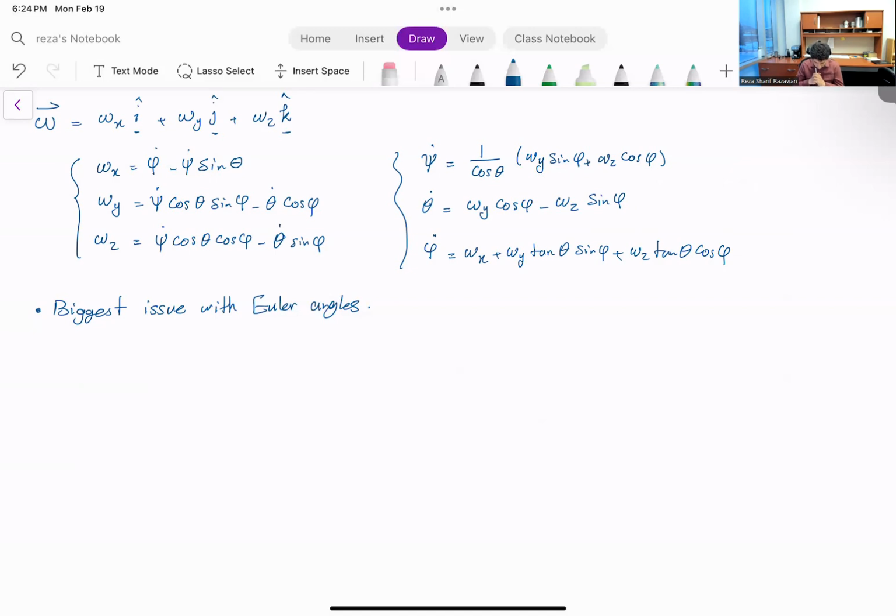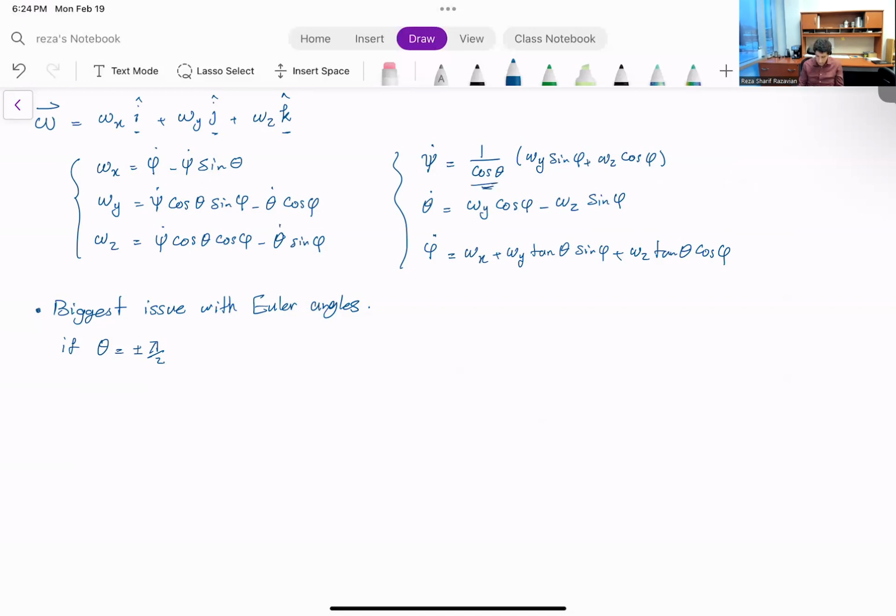And what is it? For this particular example, if your angle theta, the middle one, is 90 degrees, doesn't matter which direction, something weird happens.